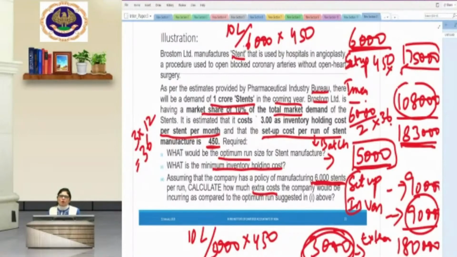So setup cost and inventory holding cost for 6,000, setup cost and inventory holding cost for 5,000, and then compare. Please do not just compare by inventory holding cost. The answer can be misleading for other options. So always calculate the total of setup and inventory holding cost and then compare the difference.